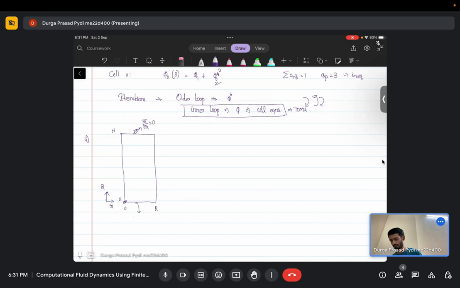The bottom face is also adiabatic, so I have del T del Z equal to 0. This is my surface. It says you have a heat transfer coefficient. So here the heat flux, minus K del T del R at R equal to R, is given by some heat transfer coefficient times your delta T.